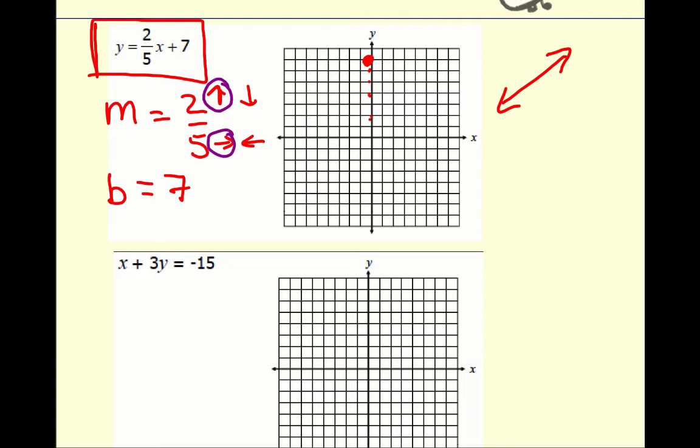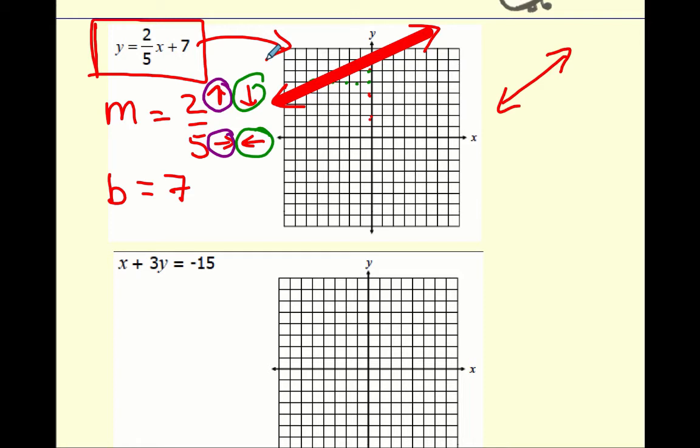So another way we can do it is by going down and left, because I don't have any room. So I'm going to go down 1, 2, and left 1, 2, 3, 4, 5, and put a point. Then I'm going to connect those points to form my line. And I have to remember to put what at the ends? Arrows. Okay, so this is the graph of the equation. Remember, our graph represents all the solutions.